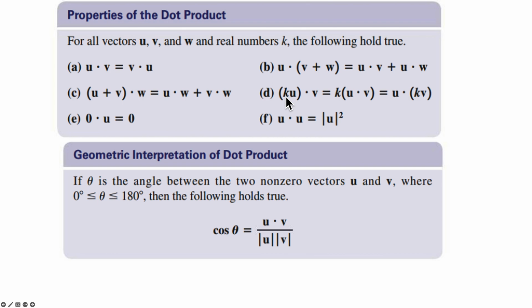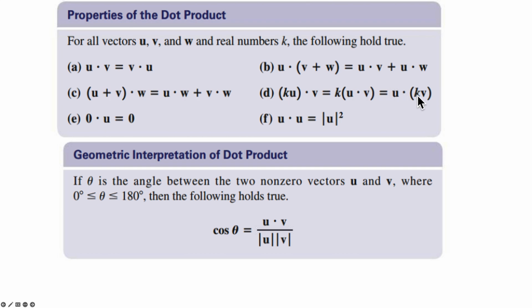If you have a scalar value k being multiplied to a vector u, then dotted with v, it would probably be smarter to factor the k out, dot product the u and v together so you're working with smaller numbers, take that answer and multiply it by k. No reason to make these numbers bigger in your vector component form and then do a dot product with bigger numbers.